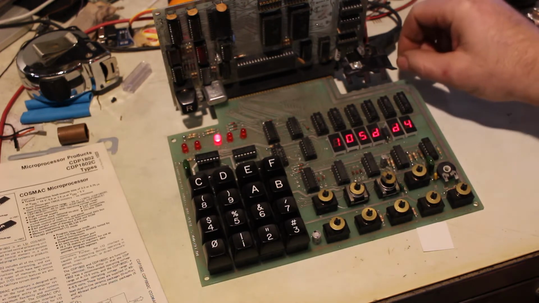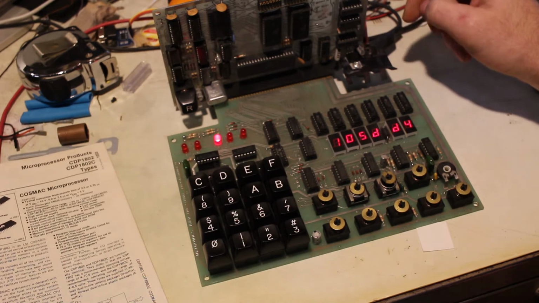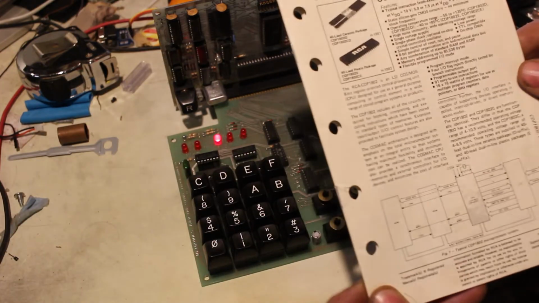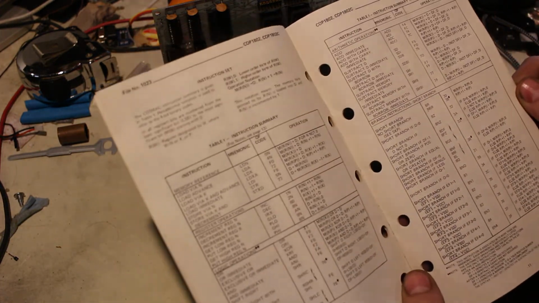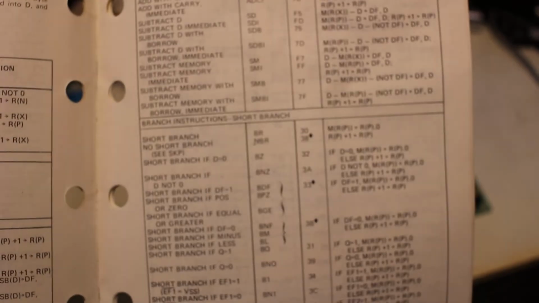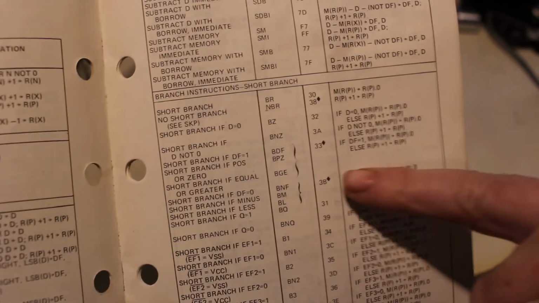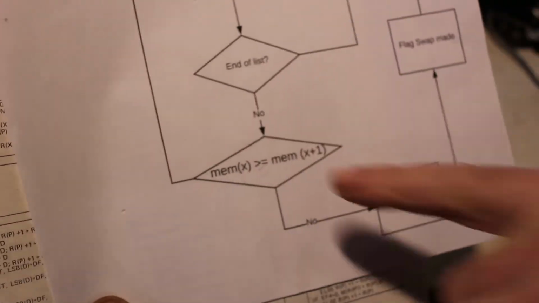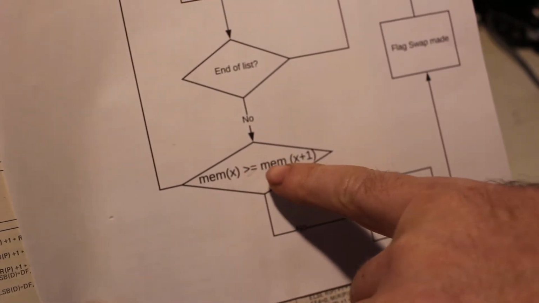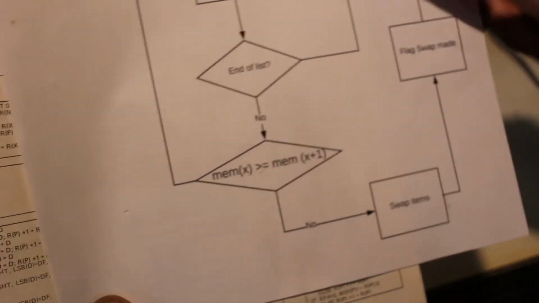The code is up on GitHub if anybody is really that interested in 1802 assembly. But one thing that we ran into here, it's talking about this in the flowchart. Branch if has to be branch if greater than or equal.